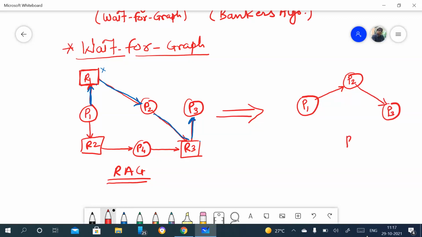And about P4, you can see from P4 to P3, and P1 to P4, this one. So this is nothing but the wait-for graph.